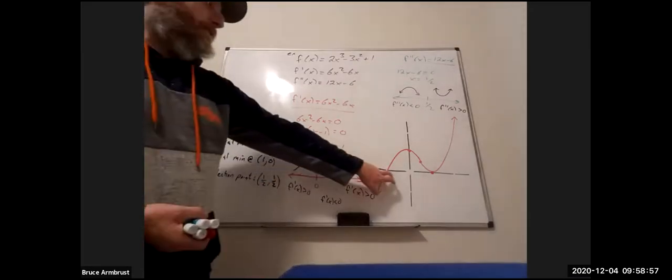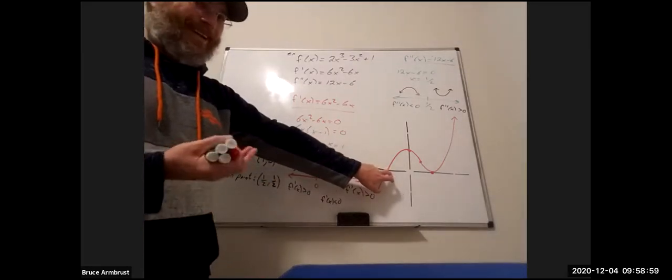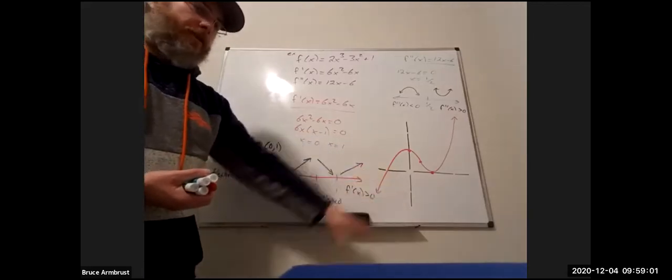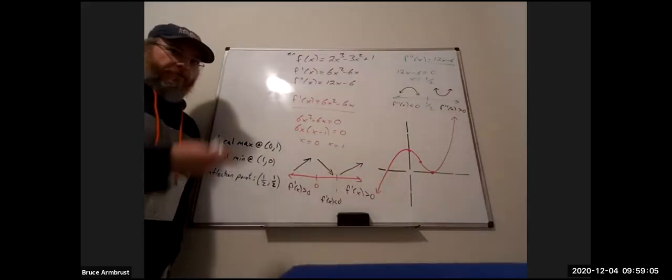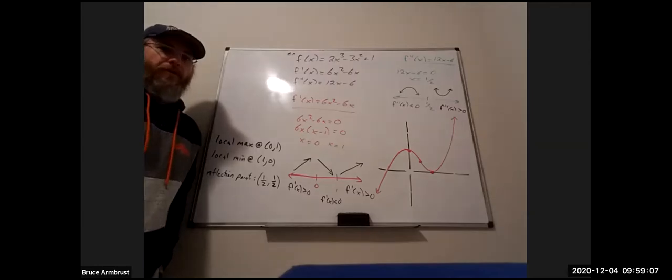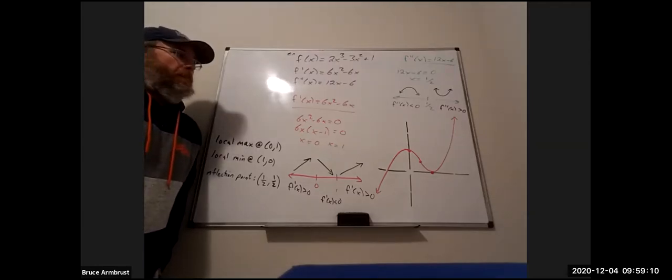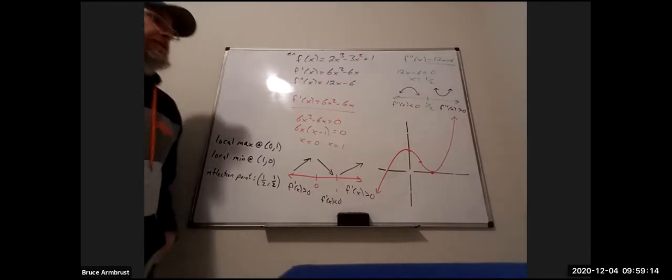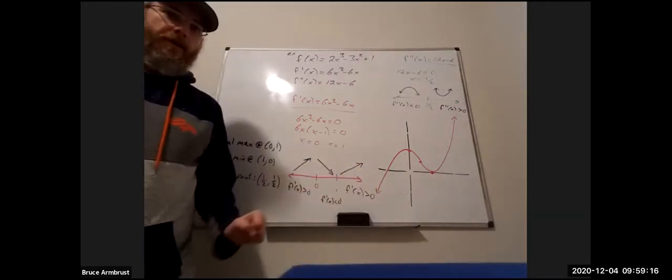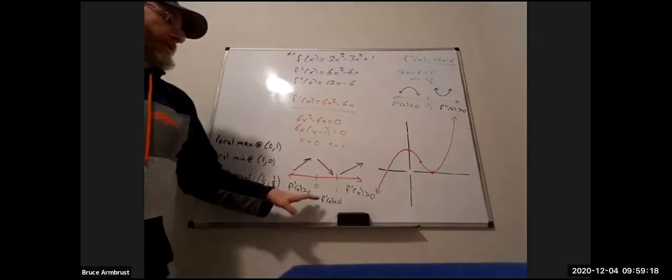Now, where this actually crosses the x-axis, I don't really know. I could get there if I did some algebra on that original function. But the shape of 2x cubed minus 3x squared plus 1 looks something like this. And you can see that it matches all the information.